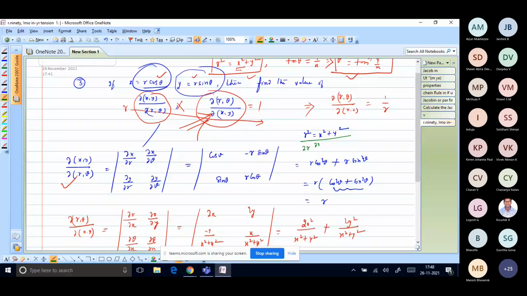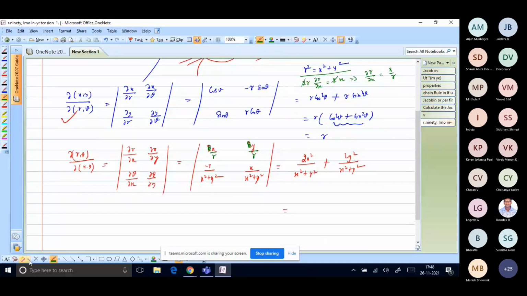So 2 gets cancelled, and you have del r by del x equal to x by r. Right? So here this 2 won't appear, x by r will come. Now it's fine.